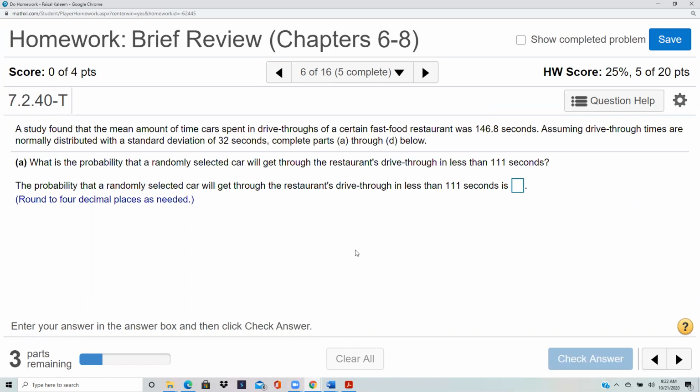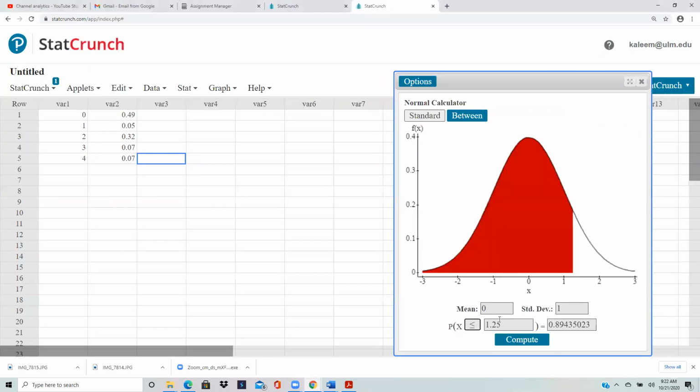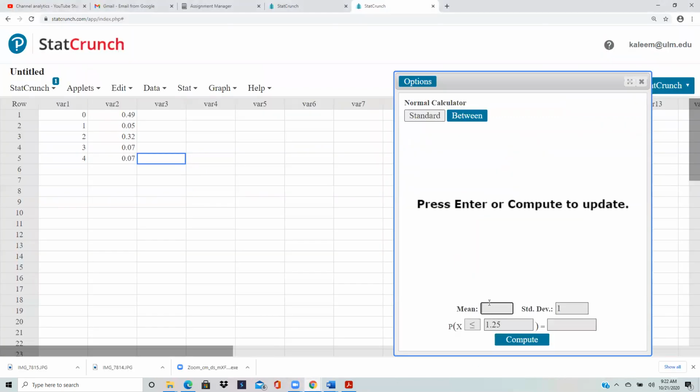Right, so what do we put? We'll do the 146.8 for the mean and the 24 for the standard deviation. Oh, mine's 32. Let me see. Okay, so the 32 for the standard deviation. 146.8 and 32.